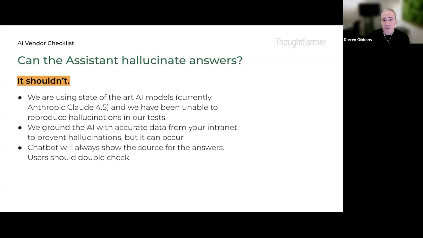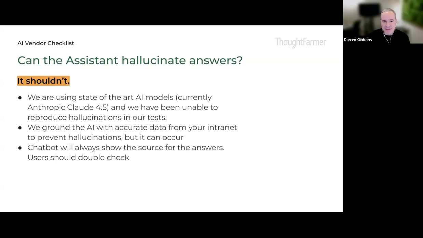This is something that we've worked a lot to try to eliminate during the development of our AI assistant. With our current approach and what we're rolling out here to beta, we've not been able to reproduce any kind of hallucinations. Having said that, it is possible that it could occur.